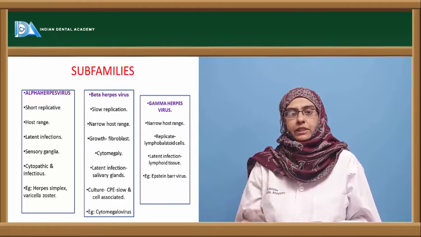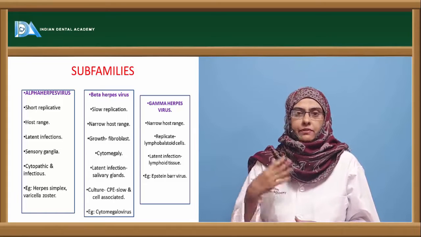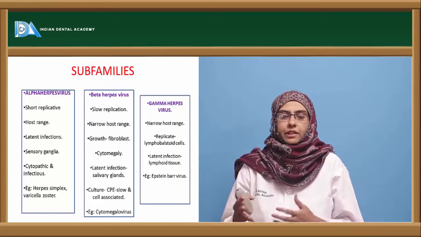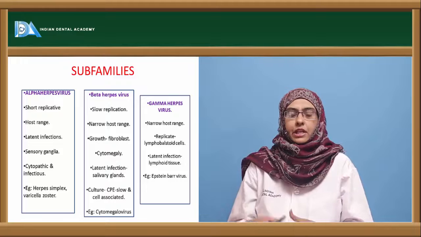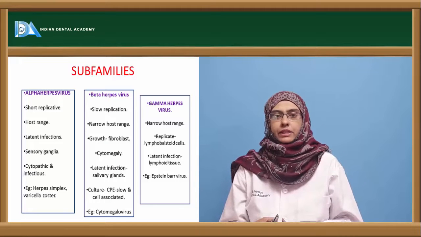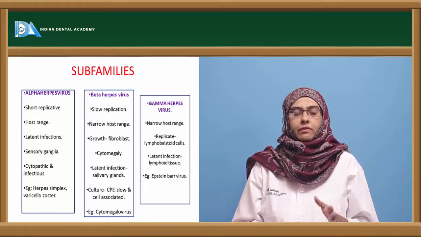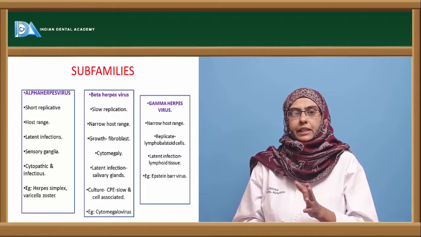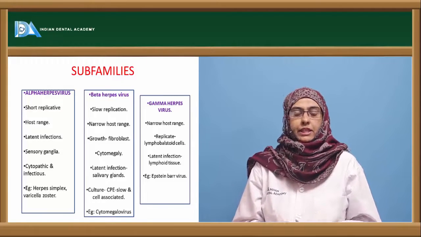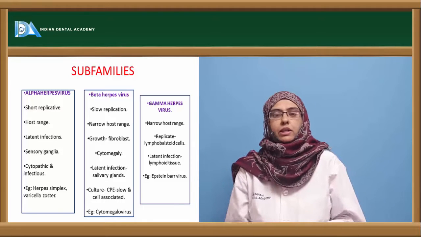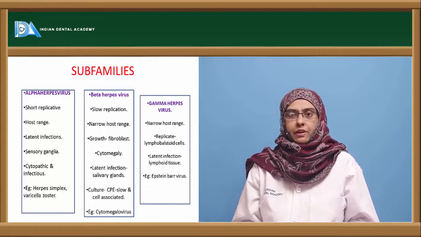Each of these has its own characteristic features with which we can identify the organism in the laboratory. Coming to the alpha herpes viruses, these have a short replicative cycle of about 12 to 18 hours and a variable host range compared to the other subfamilies.